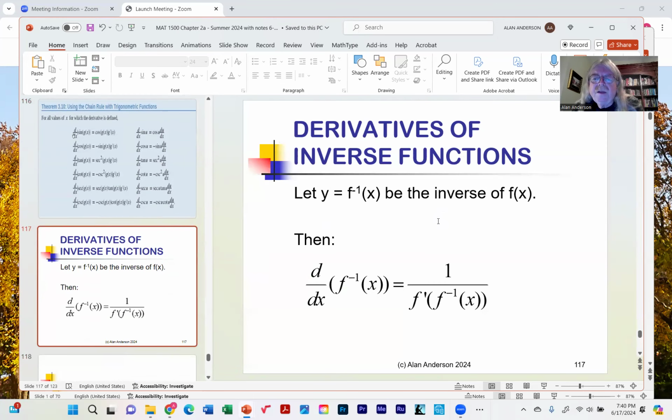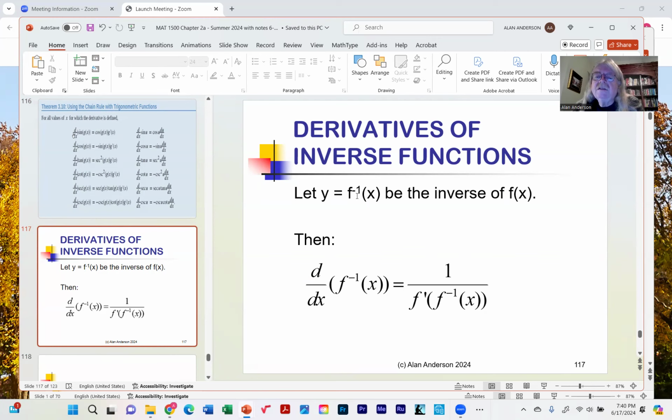Now it turns out that we can also take derivatives of inverse functions. This is really getting intense, but the point of what we're about to do is to make it simpler for us to solve these very complicated derivatives.